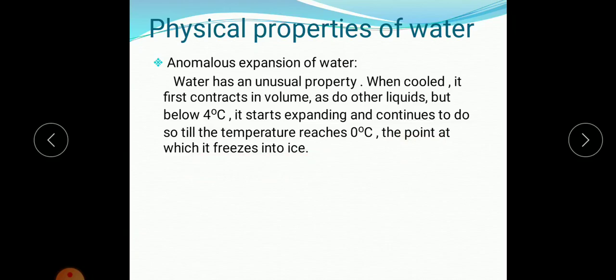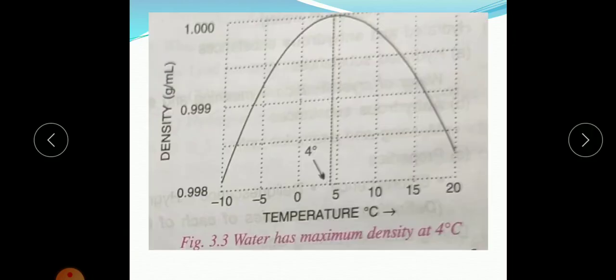So, anomalous expansion of water means every liquid, when cooled, first contracts in volume, but water, when it reaches 4 degrees Celsius, starts expanding and continues to do so till the temperature reaches 0 degrees Celsius. So this is known as anomalous expansion of water.